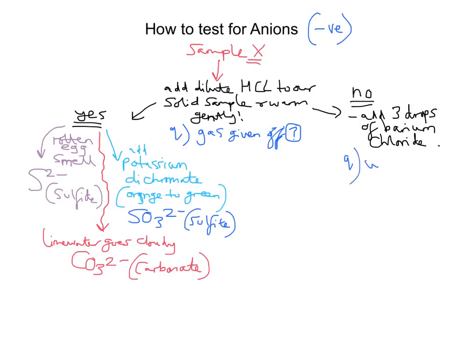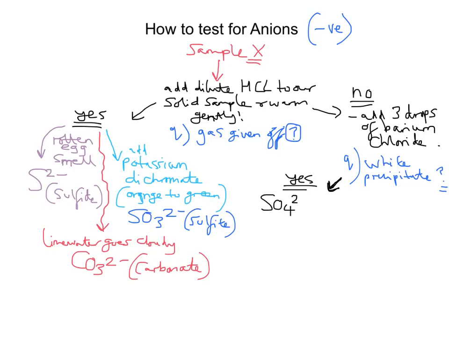So we're looking for a white precipitate. If the answer is yes, if we do indeed get a white precipitate when we've added 3 drops of barium chloride, then we've identified what's called the SO4 2- anion, or the sulfate anion.